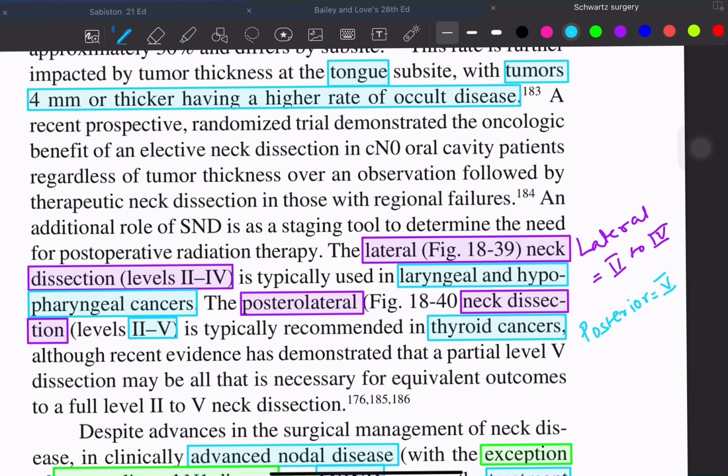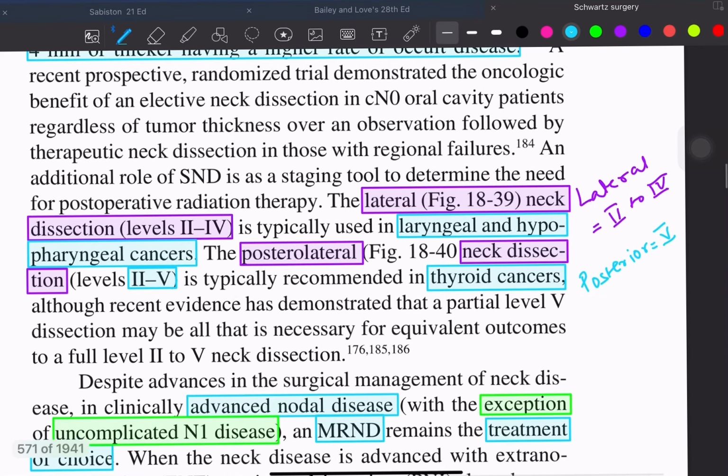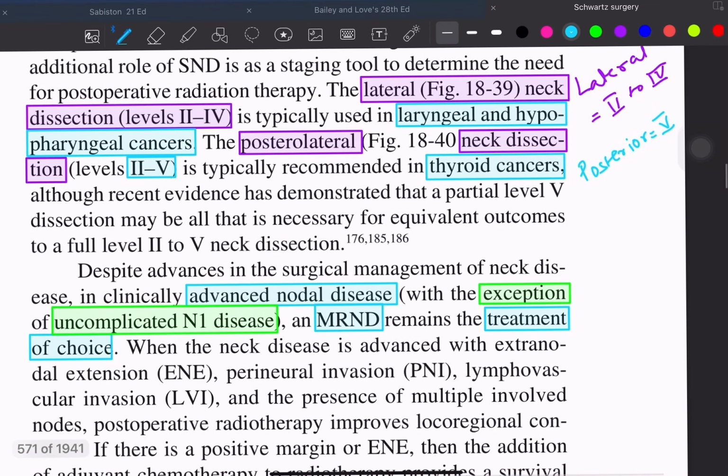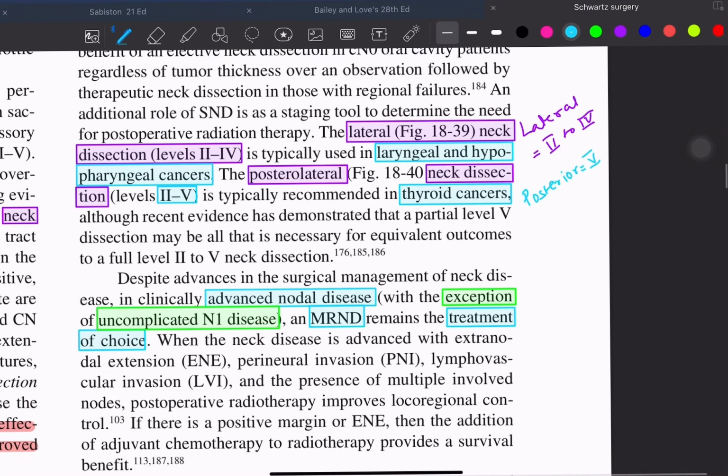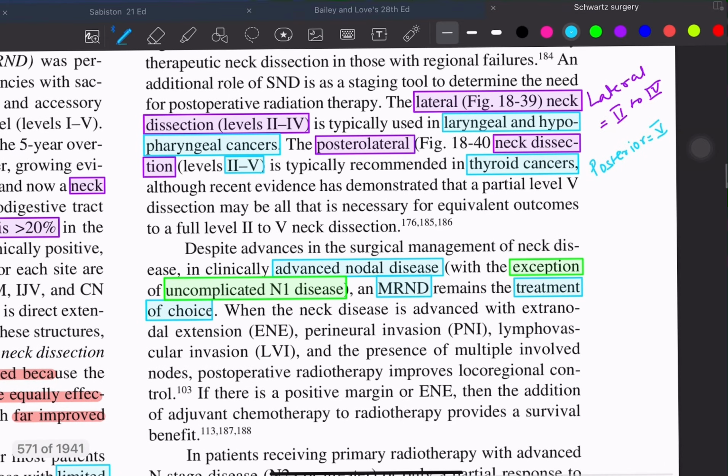So posterolateral dissection is done for 2 to 5, and mainly done for thyroid cancer. For advanced nodal disease, with the exception of uncomplicated N1 disease, modified radical neck dissection is the treatment of choice. That's it. Thank you.